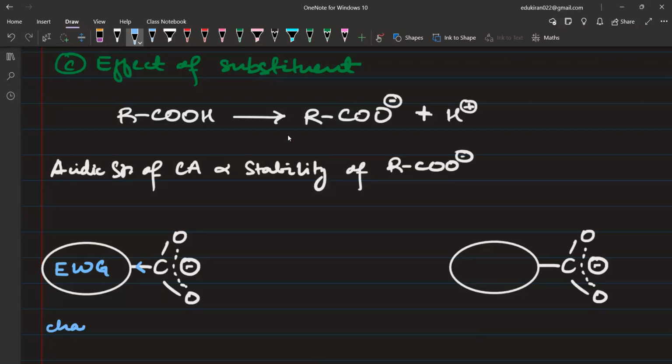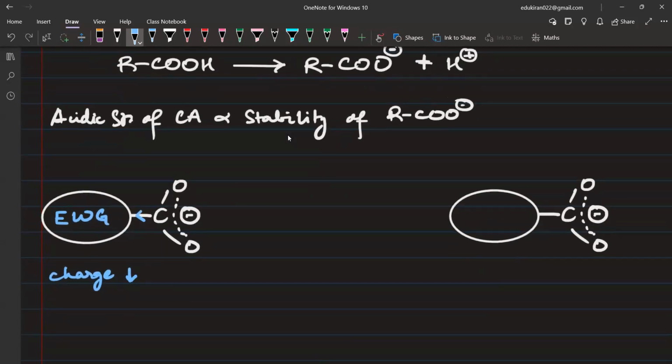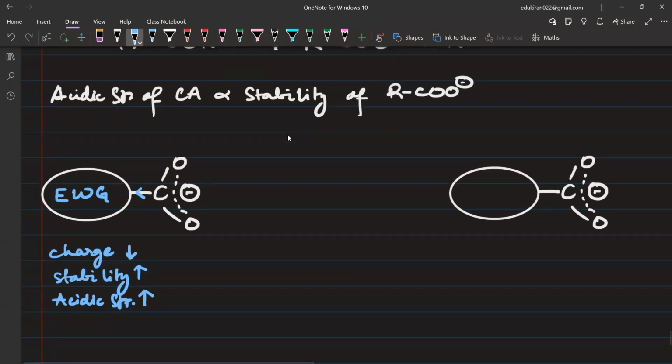The charge will be lowered. When the charge is lowered, then stability increases. And then what happens? The acidic strength increases, and what happens to the pKa?